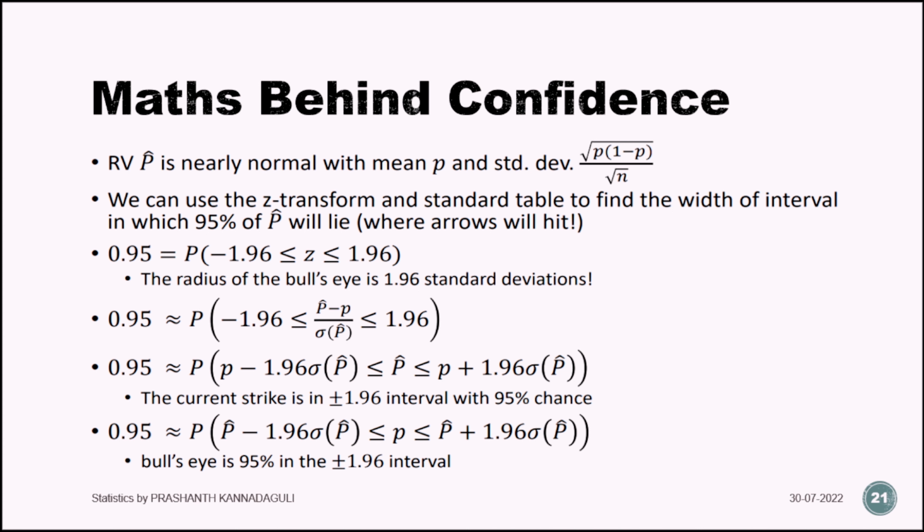But definitely my intention is to come as close as possible to P. At least I should get a range saying that P may be between this to this. That is what the numbers displayed on a TV when they do the exit poll, saying you get seats from this number to this number. So there is a minimum, there is a maximum. That's what we are trying to discuss now.